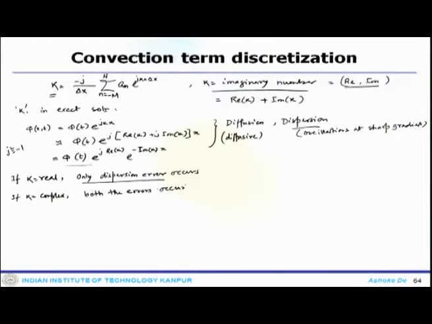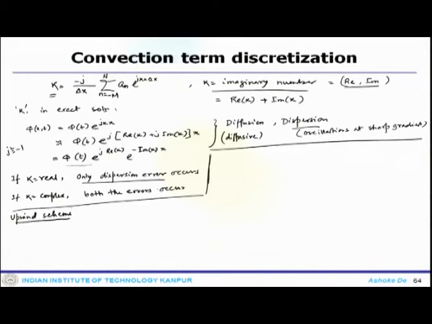So, based on this analysis, now one can have a value for k for different schemes. Now, k could be different for the upwind scheme, k could be different from other schemes. So, let us say we consider the upwind scheme and try to find out the value for k.